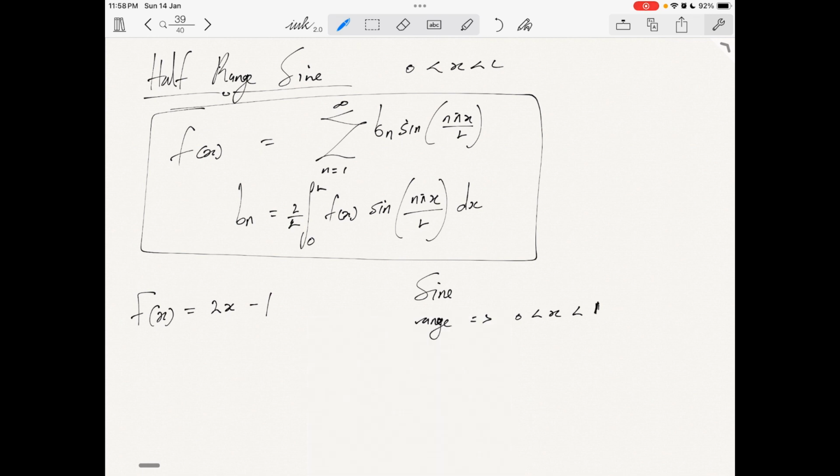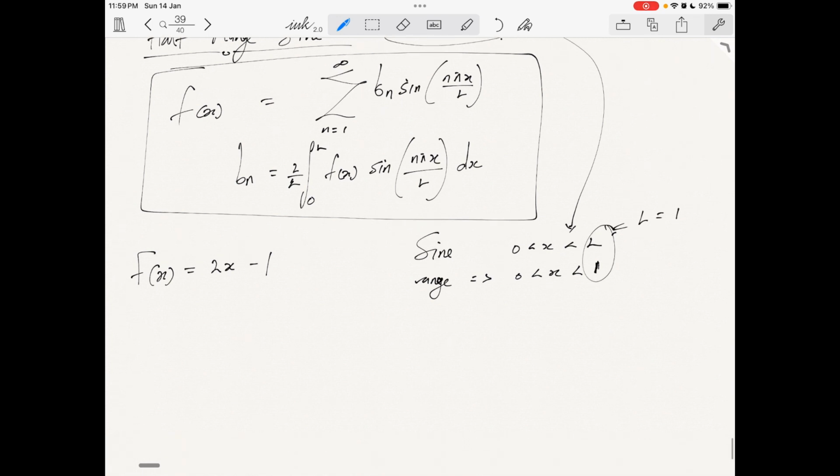Now, if you compare this range to this range, that is 0 less than x less than L, we can see that L is equal to 1. So L is equal to 1.